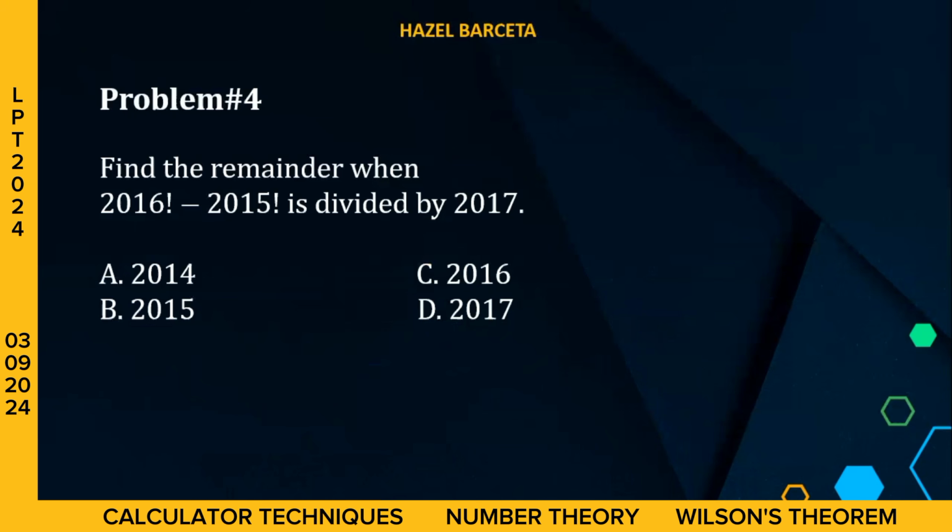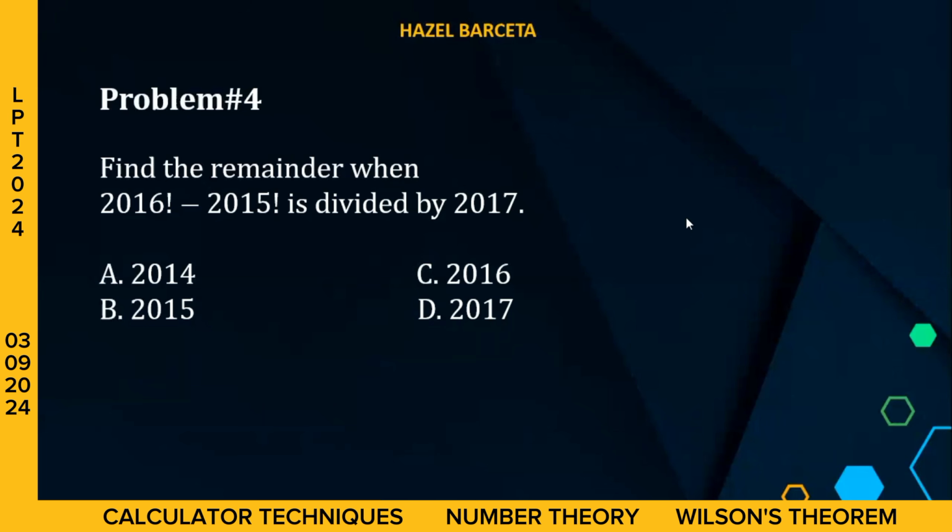Problem number 4. Find the remainder when 2016 factorial minus 2015 factorial is divided by 2017. Patawarin niyo po ako kung mababasa ko minsan ng 2016, 2015 at 2017. Pauna na po.